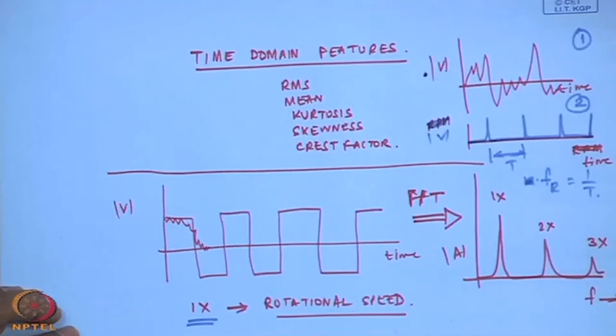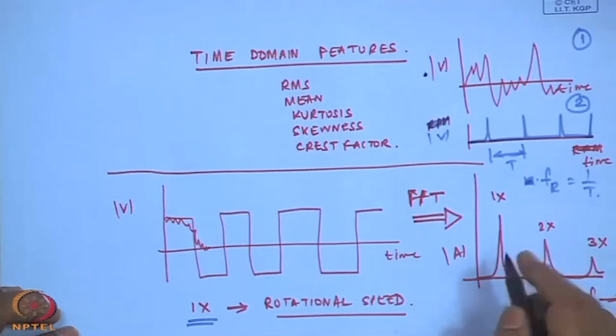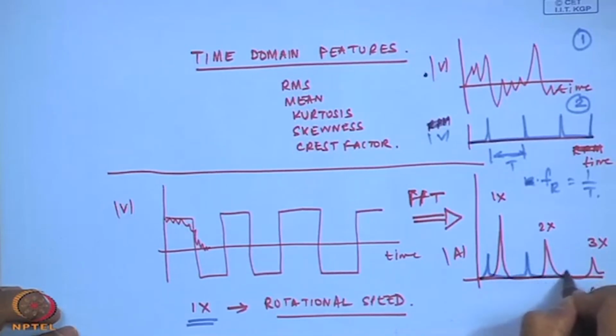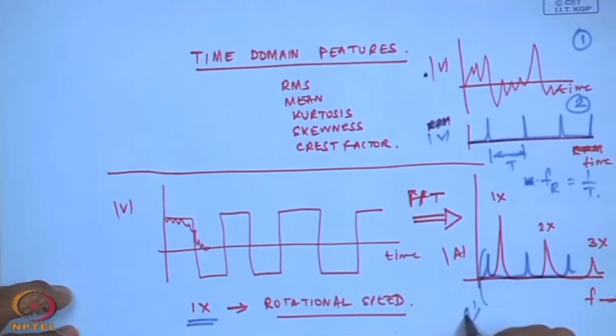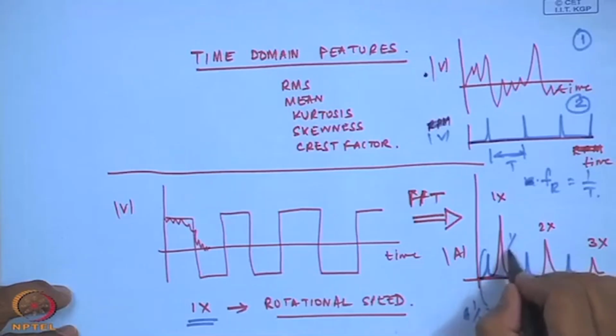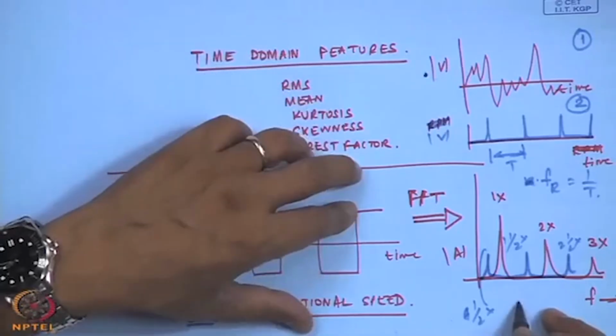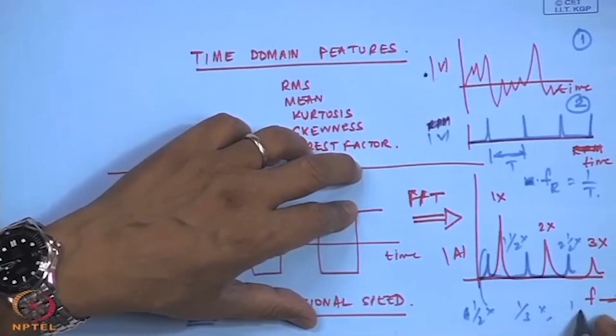But the characteristics of such signals in the frequency domain is that we will get harmonics and a lot of fractional harmonics. Maybe 1/2x, 1 and 1/2x, 2 and 1/2x and so on, and maybe even fractional 1/3x, 1/6x and so on.